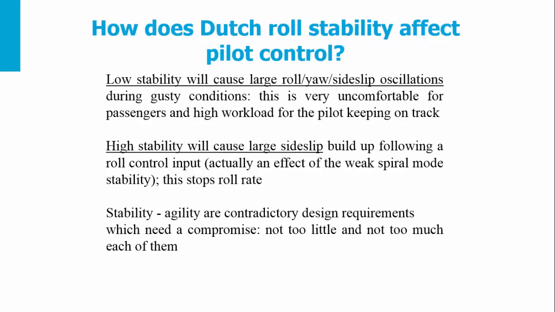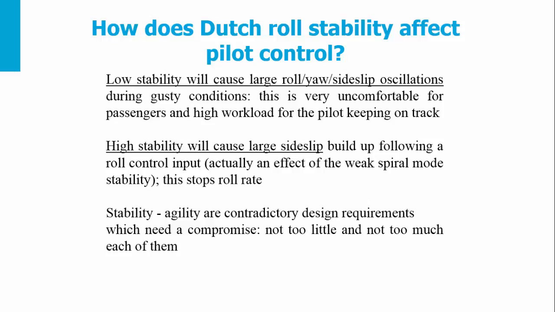How does Dutch roll stability affect the pilot control? If we have low stability, we will have large roll, yaw, side slip oscillations in gusty conditions. This is very uncomfortable for passengers, and it involves a high workload for the pilot keeping the track. If we have too high stability, it will cause a large side slip, which builds up following a roll control input.